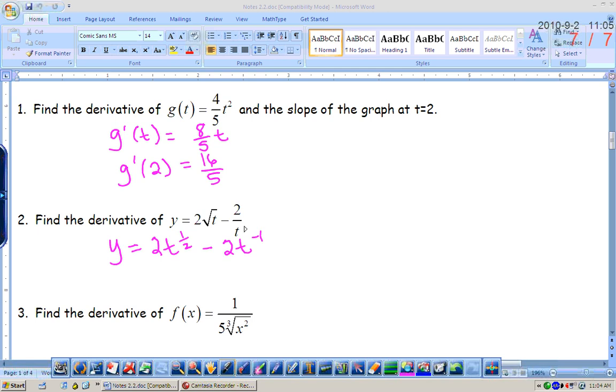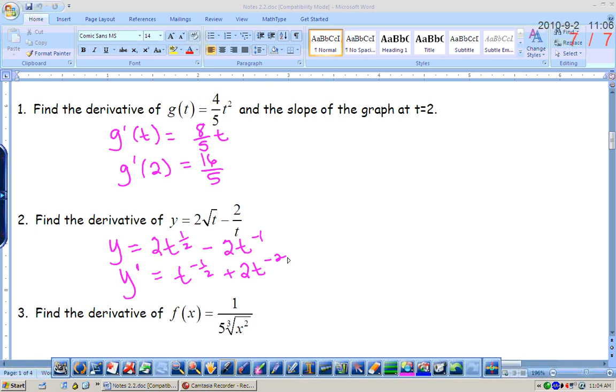I'm just rewriting it in a different form. Now when I take the derivative, I'm going to write y prime. So the derivative is going to be what? Good. I heard someone say 1t to the 1/2. That's fine. You're welcome to put the 1 there.